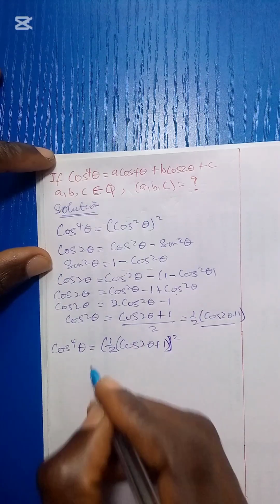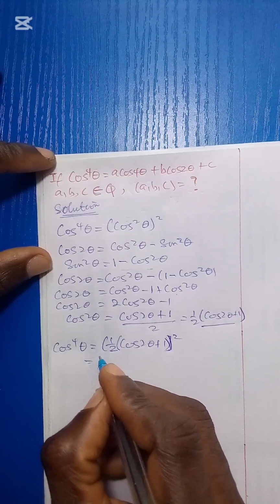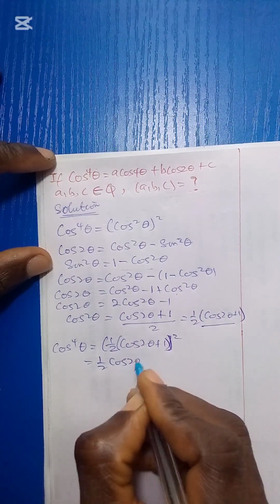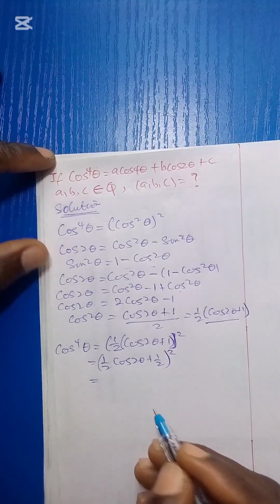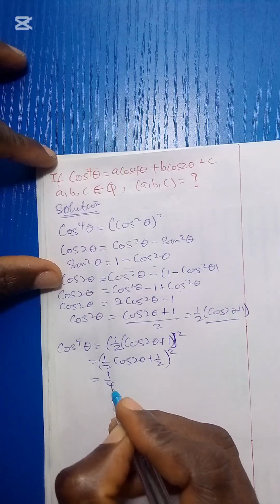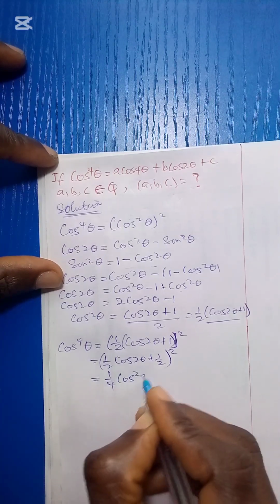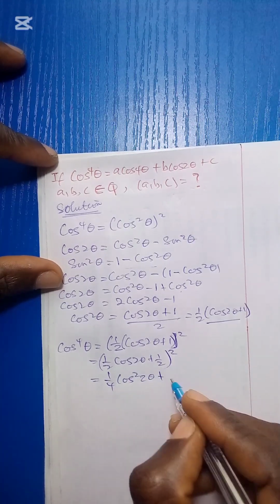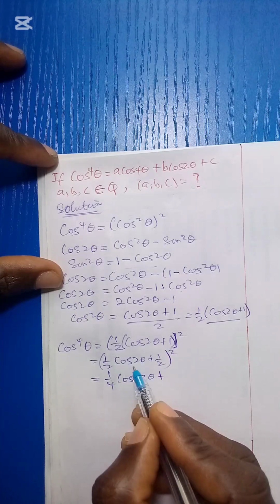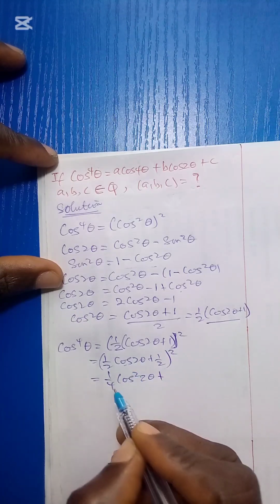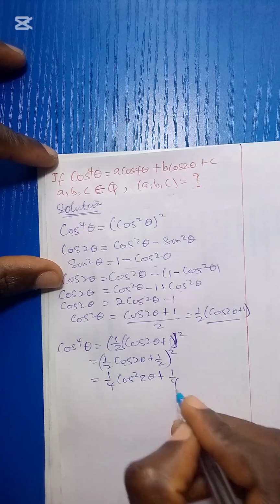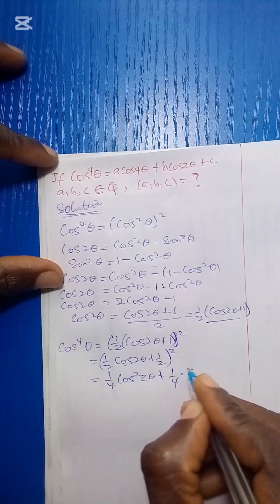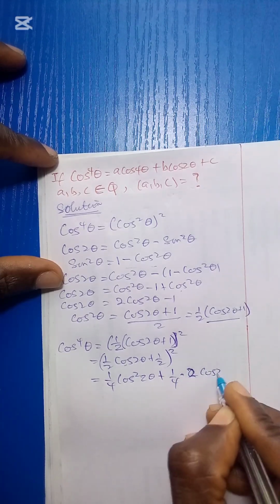Good. So if I expand it, I have (1 over 2 cos 2 theta plus 1 over 2) all raised to power 2. Now I can expand this one as 1 over 4 cos square 2 theta plus, multiplying this by itself, this multiplied by this, I'll get 1 over 4 times 2 cos 2 theta.